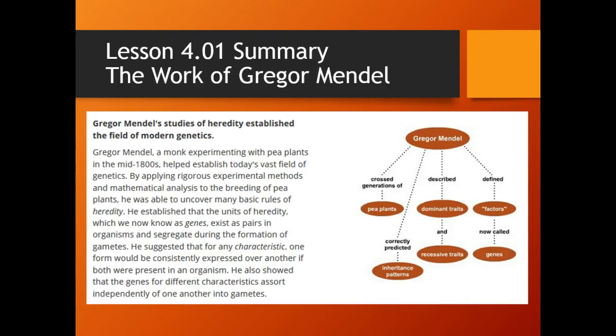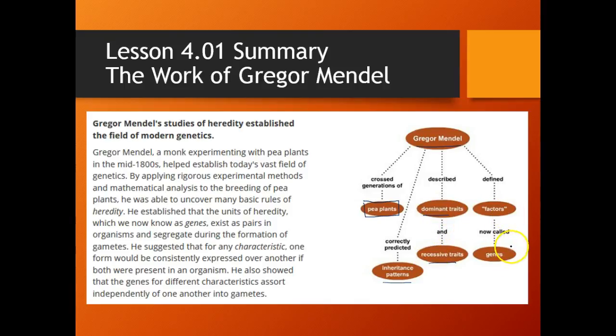So you see, Gregor Mendel had very, very impressive findings. He had very impressive experimental design on pea plants, and he discovered a lot of different things, different inheritance patterns that we talked about, the difference between dominant and recessive traits, how sometimes certain traits dominate and mask other traits.